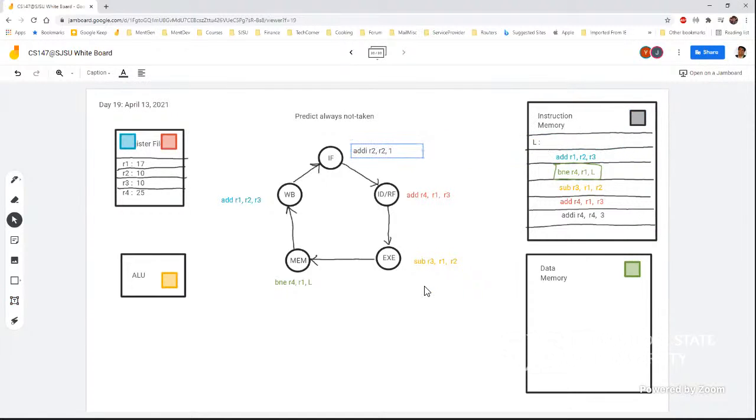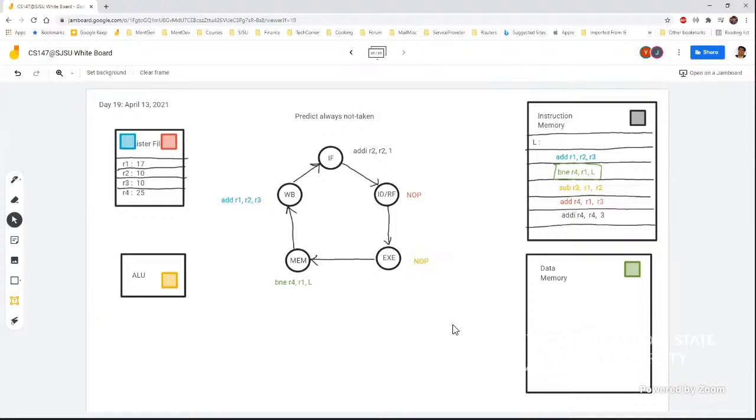Now, what to do with these two, which were wrongly predicted? The processor, as a hardware technique, does something called replacement of this instruction with no operation, and this instruction with no operation.